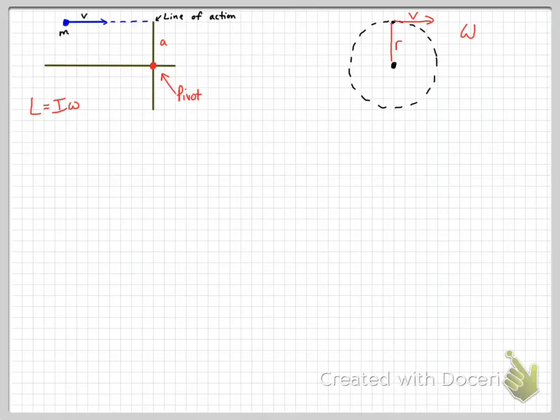The relationship we were talking about before, when we said omega equals v over r, the definition of omega had to do with the specific velocity here being considered tangential. Tangential velocity. And tangential for a circle is considered to be perpendicular to the radius.